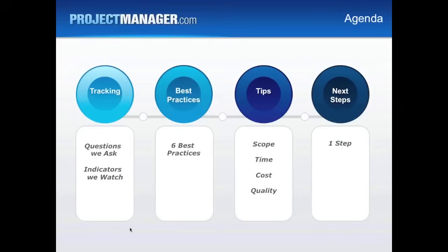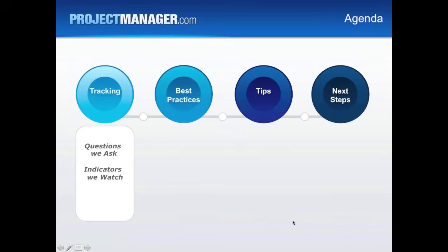We've compiled 6 best practices that are just simple things that we can do that can have a big impact. The tips we want to cover are in 4 areas: scope, time, cost, and quality. And then the last one, some of the next steps. We think there's one step that can have a good impact.